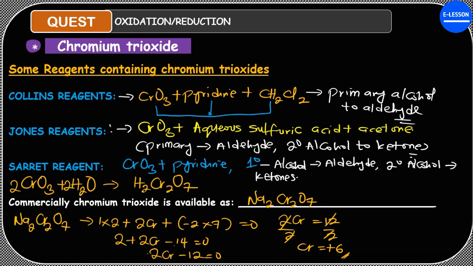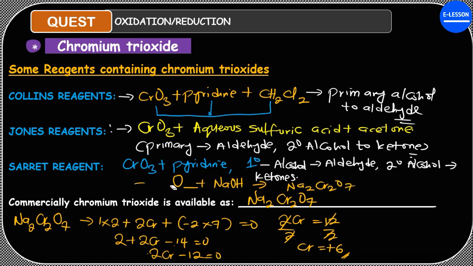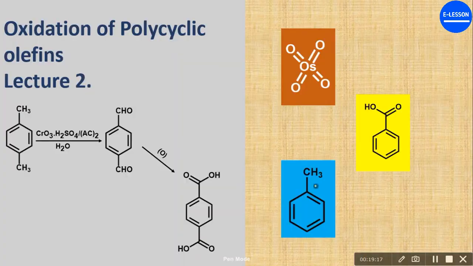Now this is an acid, and when it reacts with sodium hydroxide as a base, it is going to form sodium dichromate, Na2Cr2O7. But that should not be an issue to you at this level. So that is everything you need to know about the reagents that are used for the oxidation of alkene.